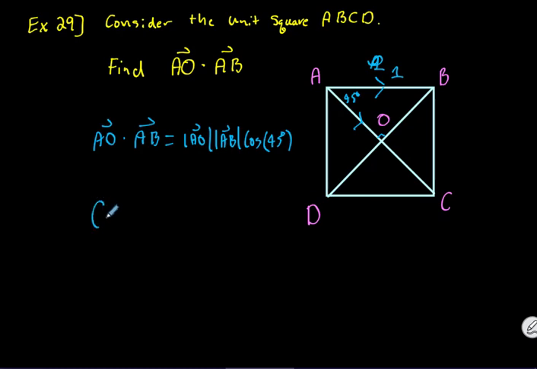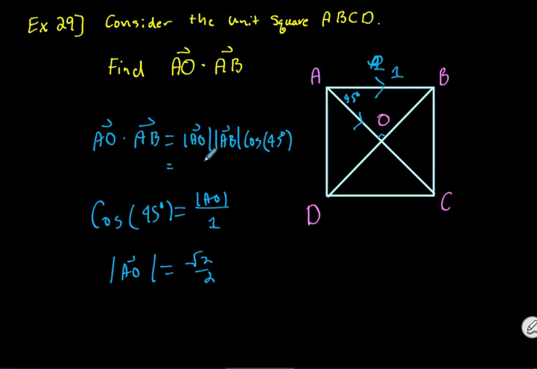So the cosine of 45 degrees is going to be the magnitude of AO over the hypotenuse, which is 1. So I know that the magnitude of AO is cosine of 45 degrees, which is root 2 over 2, right?